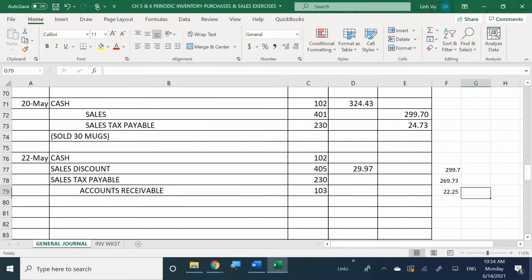Right? I'm confused. I am. Okay, I'm trying to follow along with Inga, because Inga is explaining that you would take the difference between the tax off the discounted amount.